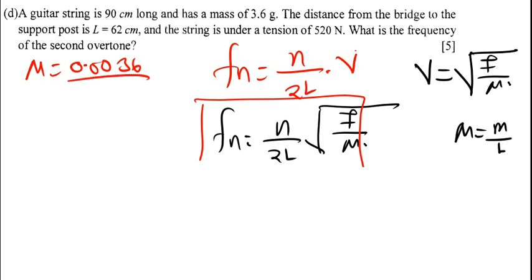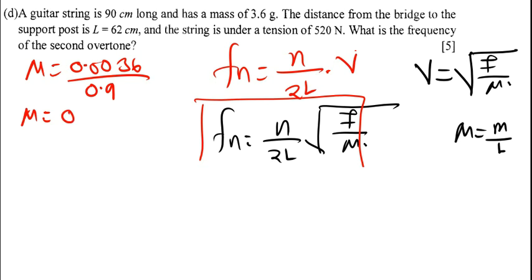Let's divide this by the length. The length is 90 centimeters, and we divide by 100 to convert it to meters, which is 0.9. So my linear density is 0.0036 divided by 0.9.